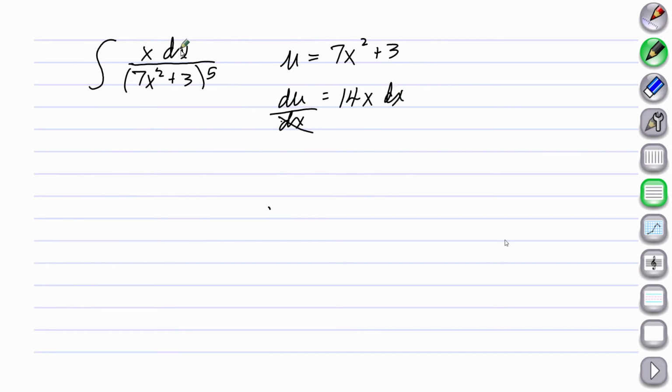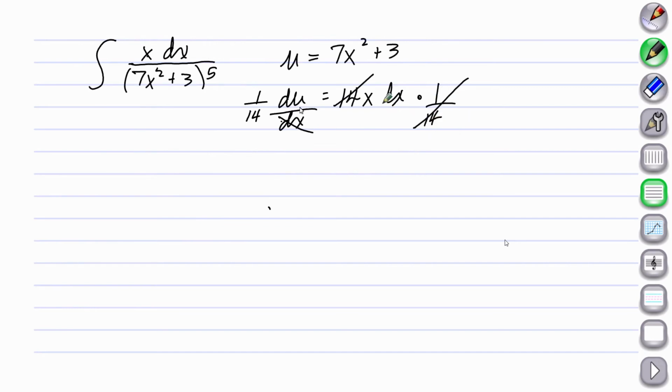So obviously we don't have a 14x. We have an x dx, but we don't have a 14 dx. So it looks like I'm going to have to get this down to looking like x dx. So I'm going to multiply this by 1 over 14, and 1 over 14 here. Different books do this a different way, but this is the way I like to do it.